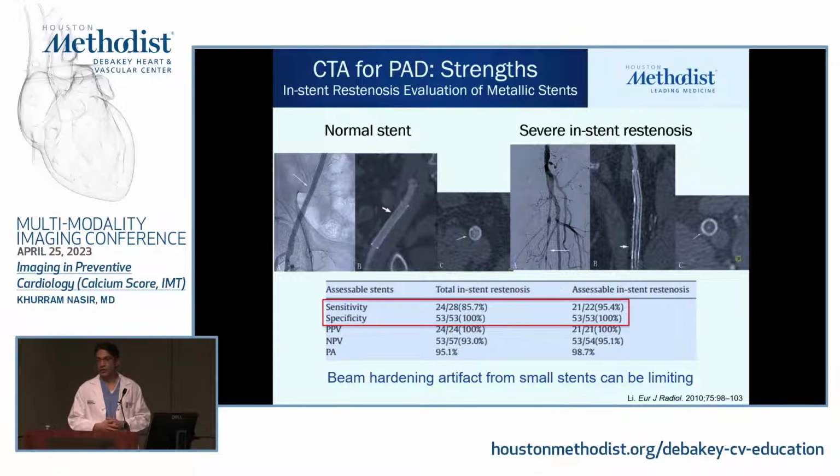Smaller stents, sure, just like the coronary space, if you have a metallic structure, you may have beam hardening artifacts that could limit your ability to interpret. But I will say, of all the peripheral stents that I've seen, whether it's in the carotid sphere or the aorto-iliacs, or even the renal arteries, we really have no issue with stent interpretation or beam hardening artifacts in those vessels.